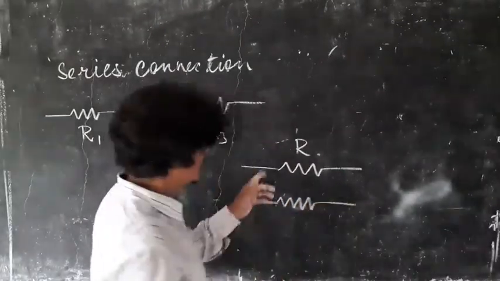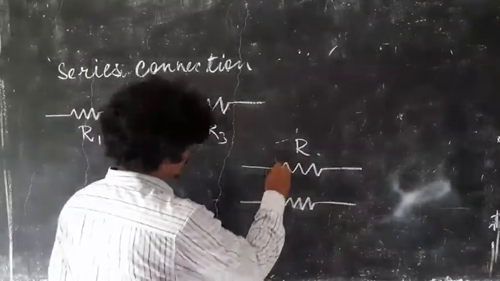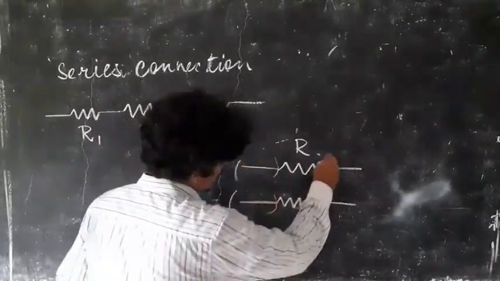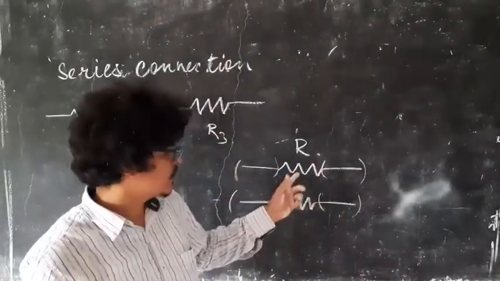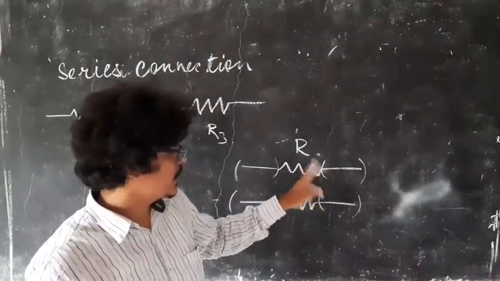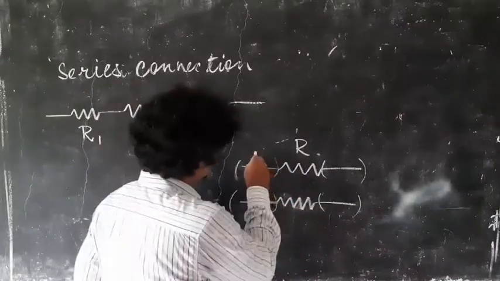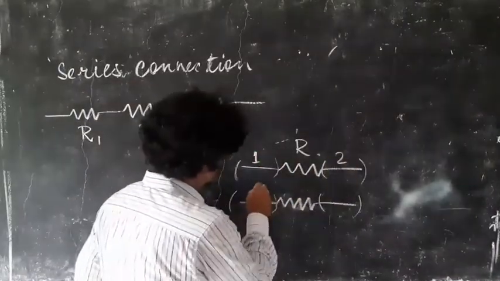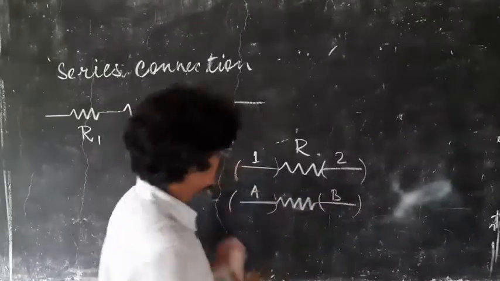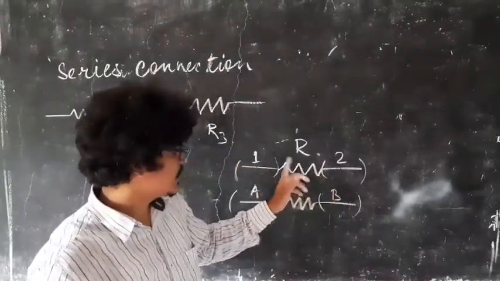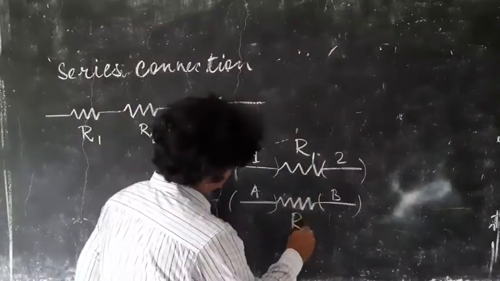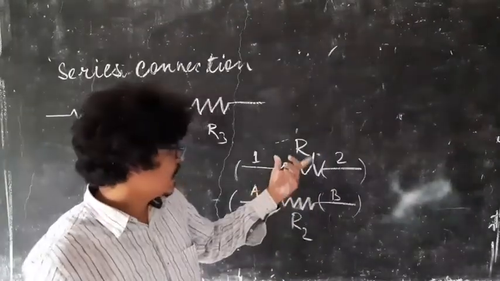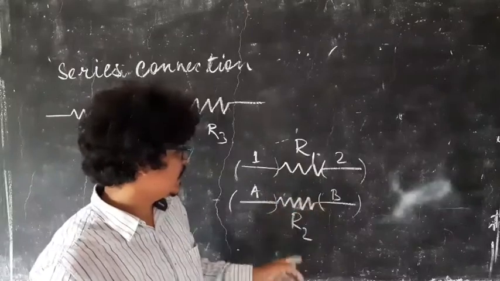Here two resistances are there. Let us name them 1, 2, and A and B. So 1, 2 are the legs of R1, and A and B are the legs of R2.